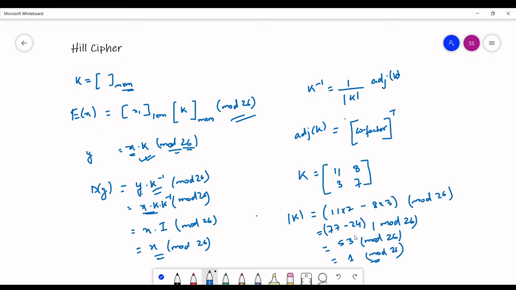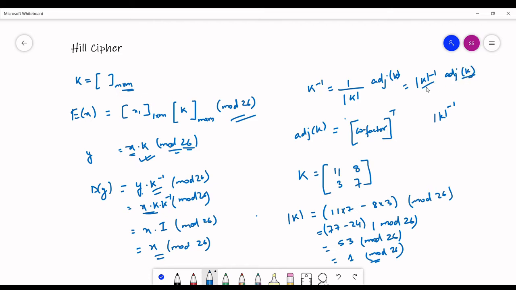Now if you get a value which is not 1, let's say if you get a value 5, then you will have to find the mod inverse, because in this equation k inverse is equal to mod inverse of determinant into adjoint of k.